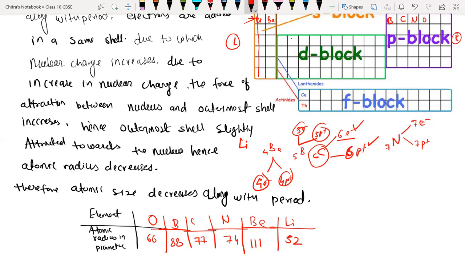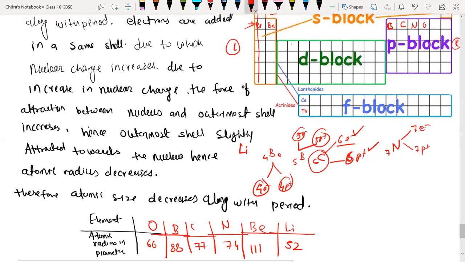So I'm arranging them in decreasing order. In the second period we have first the element lithium, with atomic radius 152, not 52, it is 152.